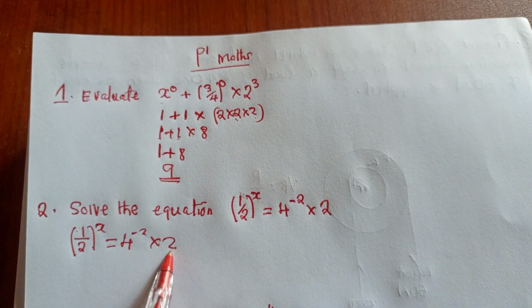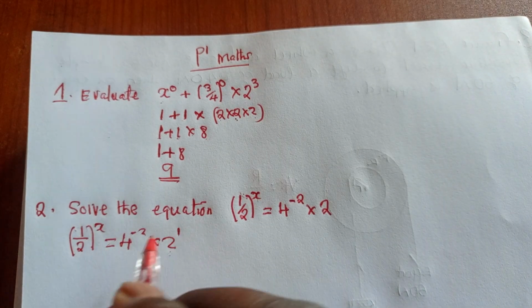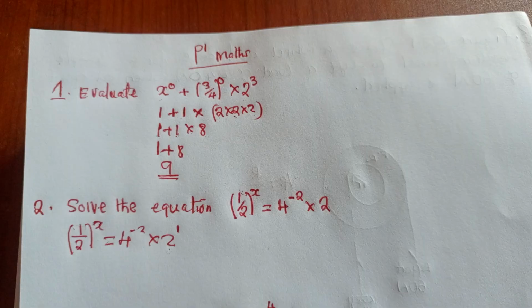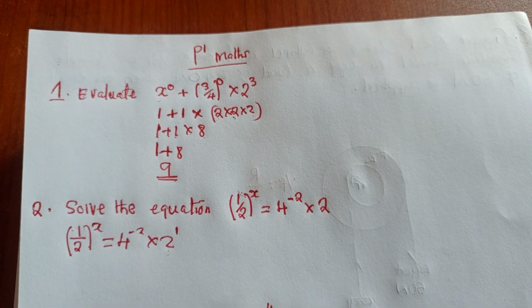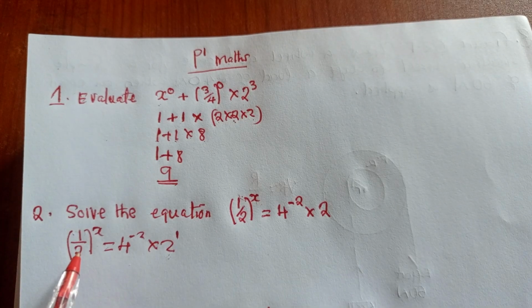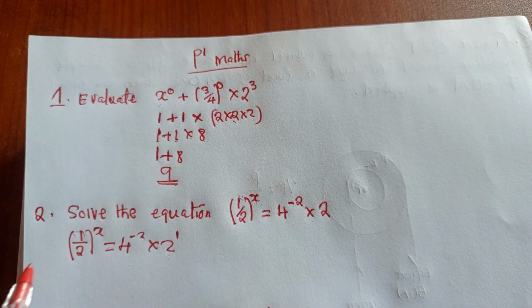So this 2 is same as 2 to the power 1. In fact, any number is same as that number to the power 1. Now I need to change this expression.